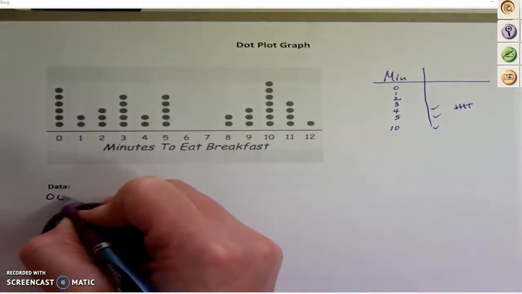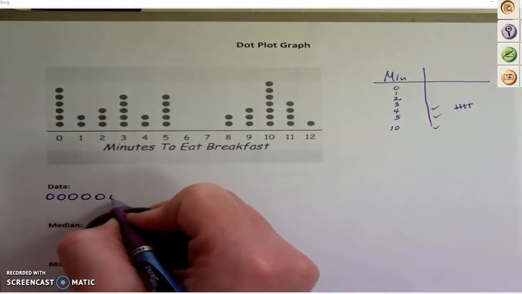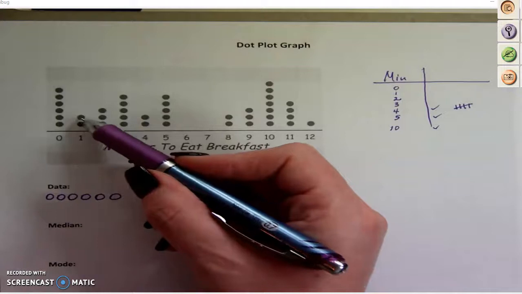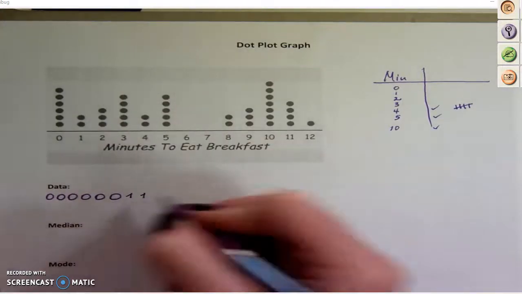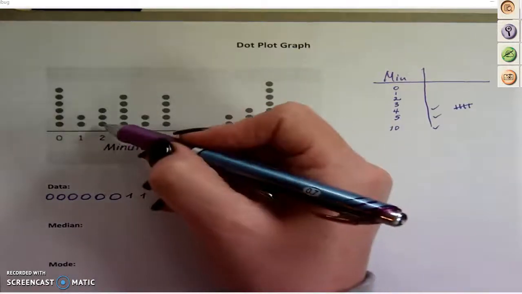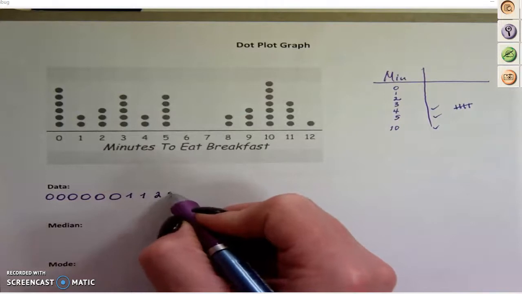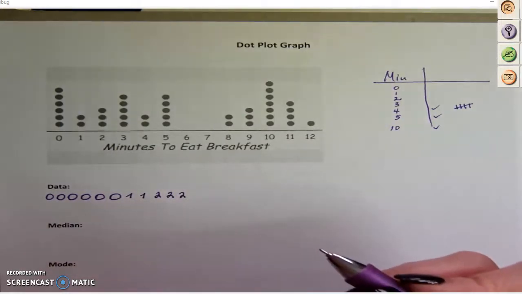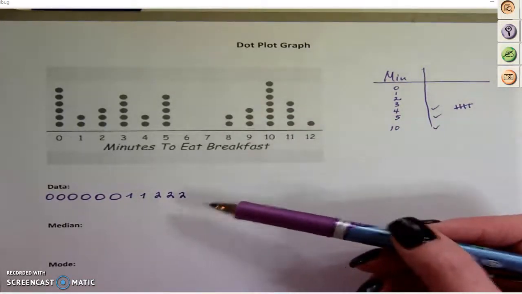If I were to copy this down, I would have 6 zeros listed. Then 2 people have spent 1 minute eating their breakfast. Then there were 3 people spending only 2 minutes. That is how this data can be converted from this format to this format.